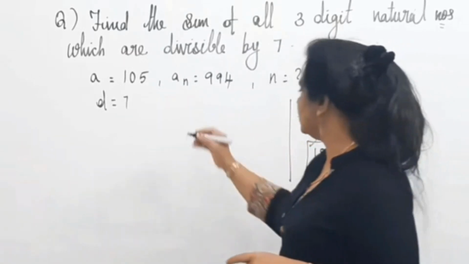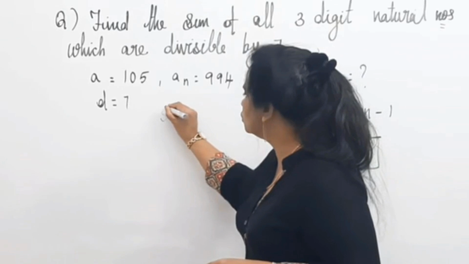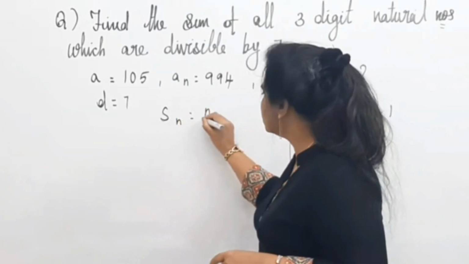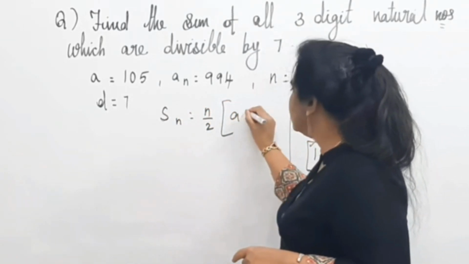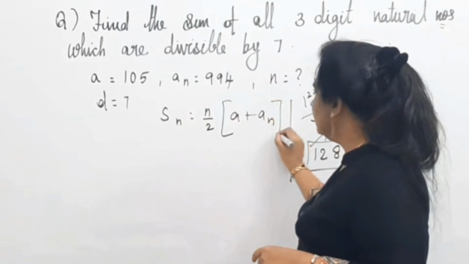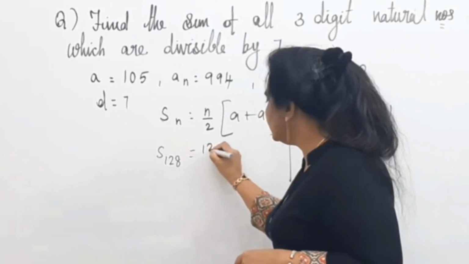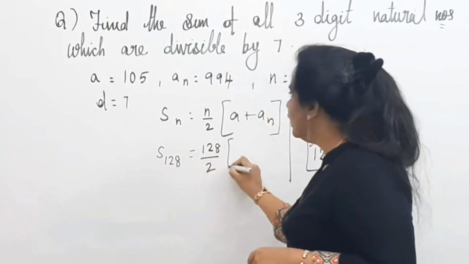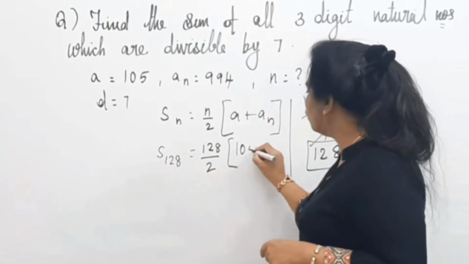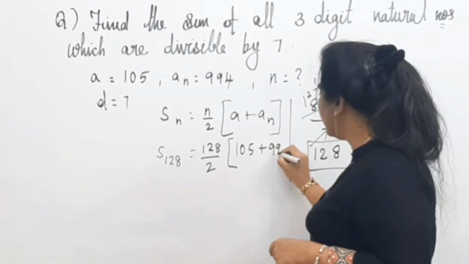So Sn is equal to n by 2 into a plus an. That's easy. So n is, I know, 128. So 128 divided by 2 into a, 105 plus 994.